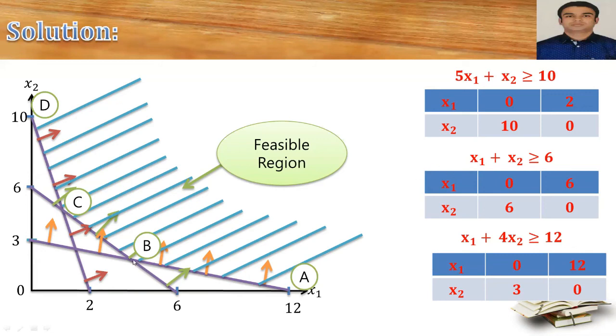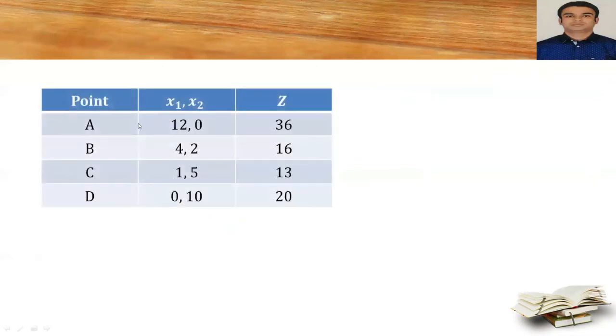This is the value of B. For the value of C, it lies on the first and second lines, 5x1 plus x2 equals 10 and x1 plus x2 equals 6. Find the value of C by solving these two equations. And the value of D is (0, 10).